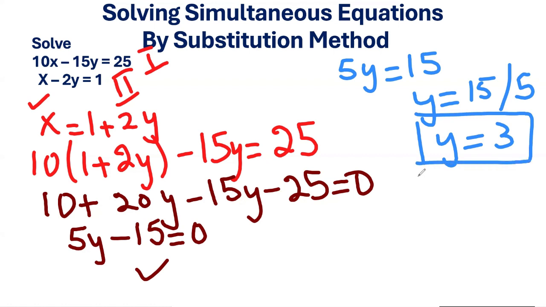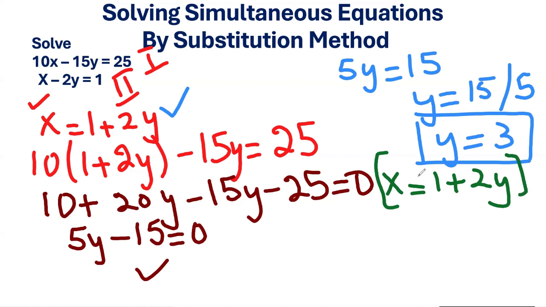Now you can substitute here to find x. So now we are finding x. X is equal to 1 plus 2y. From here you can find the value of x. So x is equal to 1 plus 2 multiplied by 3. You are substituting the value of y, which is 3.